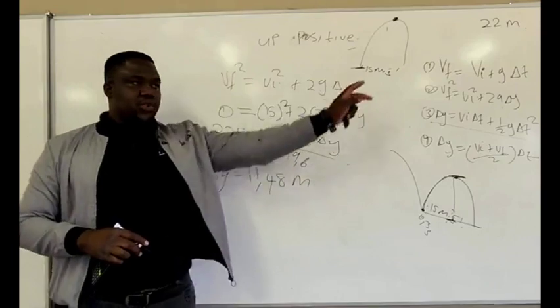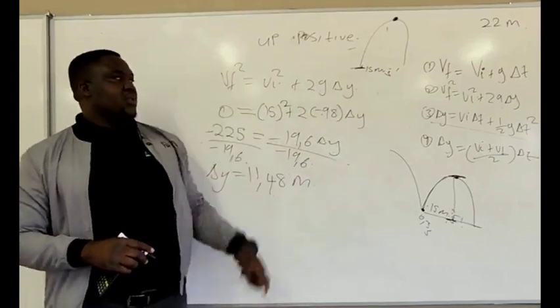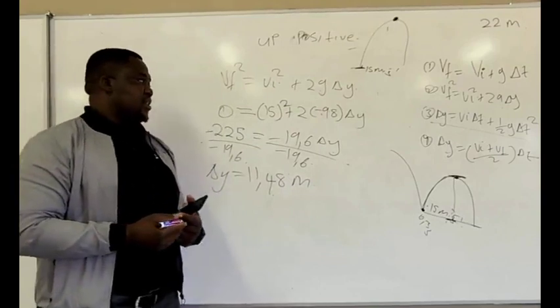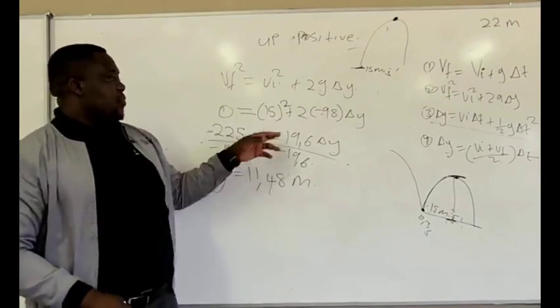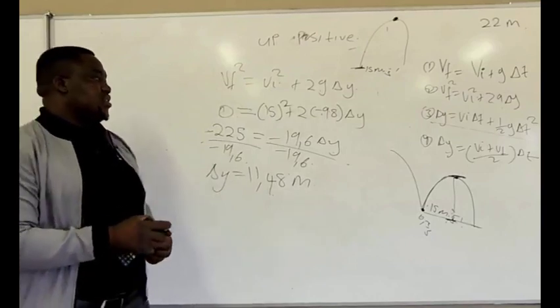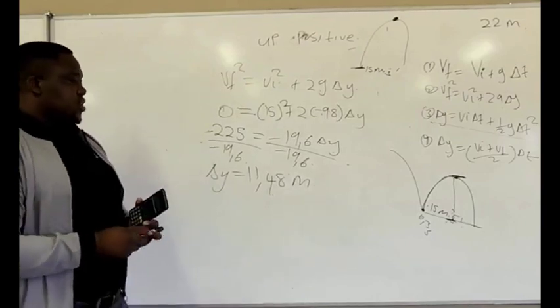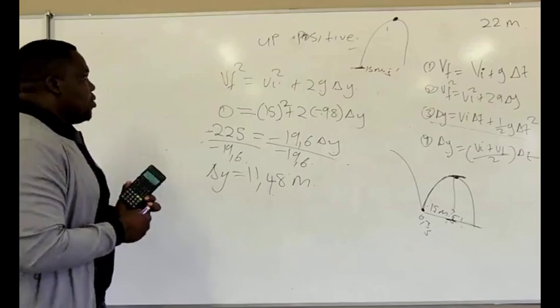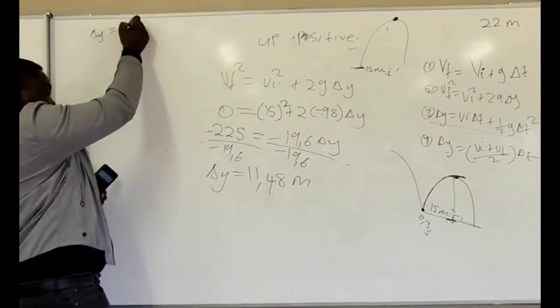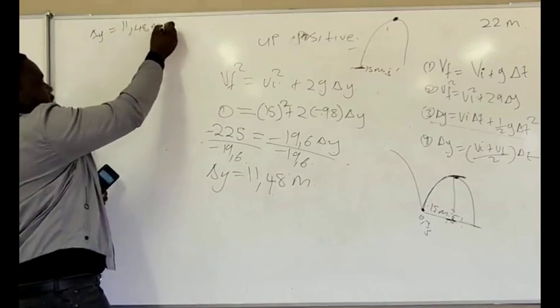So we need to choose another formula there and we use it. We'll see if we got the correct answer. Pardon me about writing 15 here. It is 15 squared. Okay. So now I'm going to write the answer here. Displacement is equal to 11.48 meters.